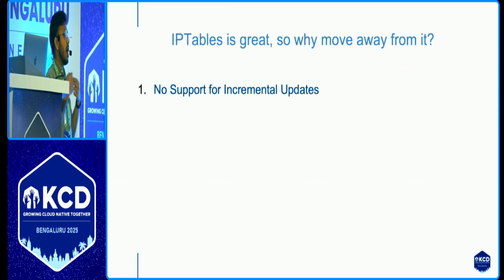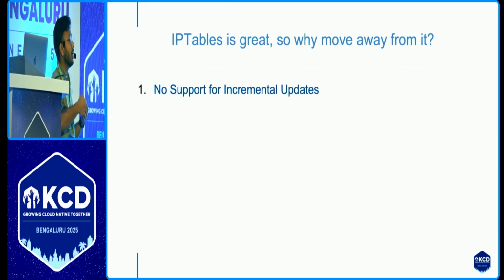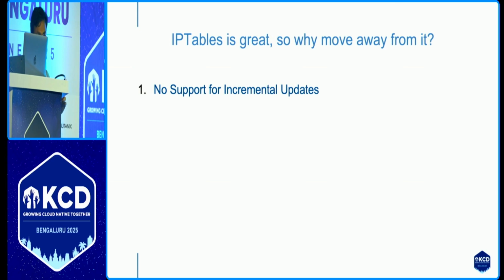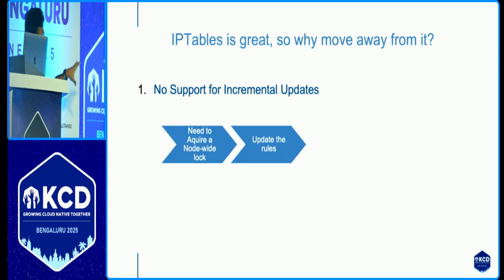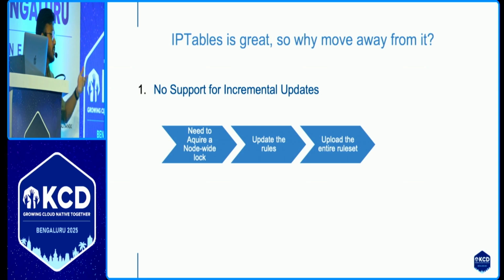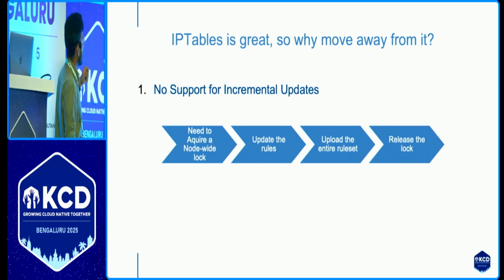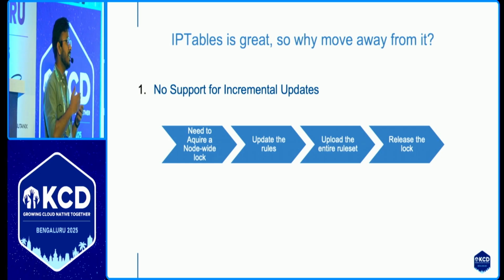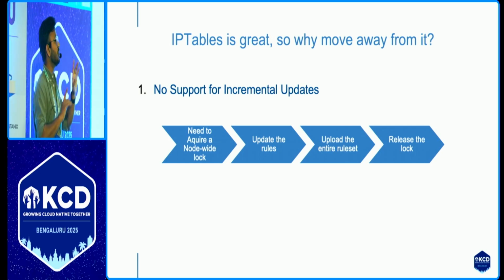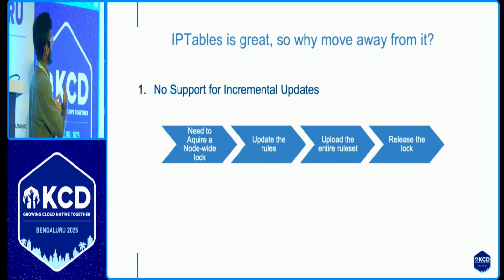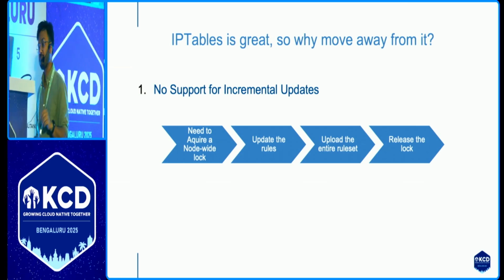Whenever you have to make a change to any rule, let's say a service came up or a pod endpoint went down, you have to acquire a node-wide lock, update the rules, then upload the entire rule set back to the kernel, and then release the lock. This global locking leads to a significant impact on the data plane programming latency for Kube-Proxy, which basically means the time it takes for Kube-Proxy to set up all these IPTables rules on your nodes.